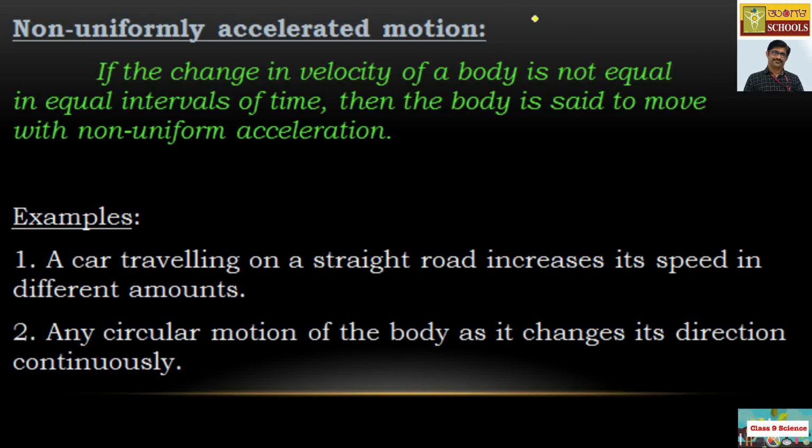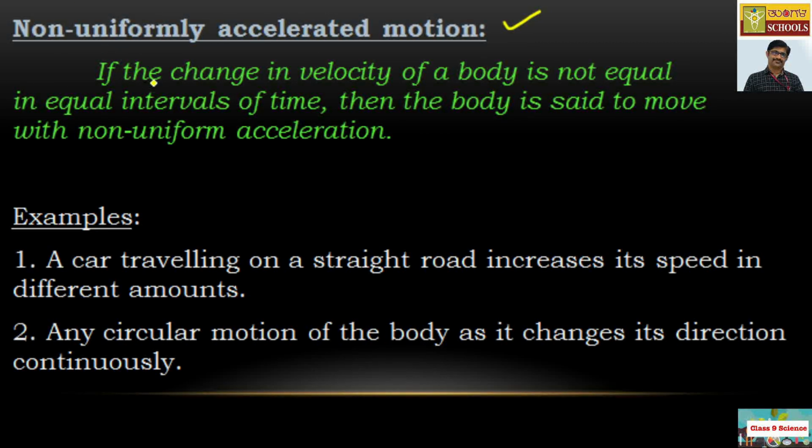Next part, that is non-uniformly accelerated motion. We defined uniformly accelerated motion of a body as one where the change in velocity is fixed, equal or constant. For non-uniformly accelerated motion, the change in velocity is not equal with respect to equal intervals of time.